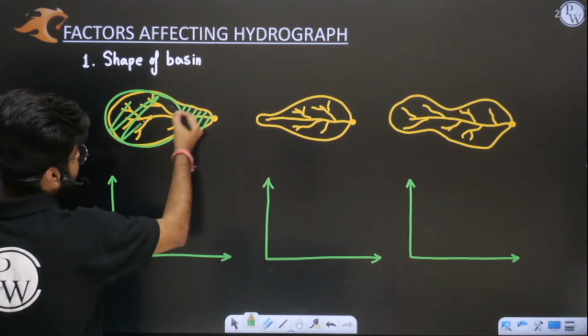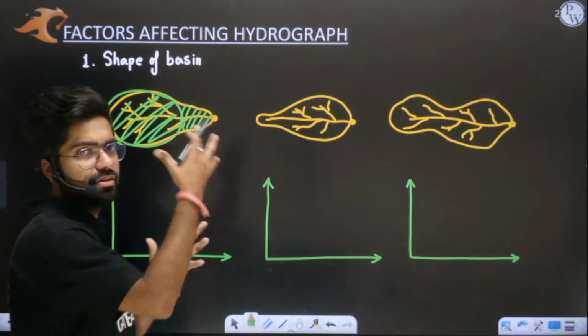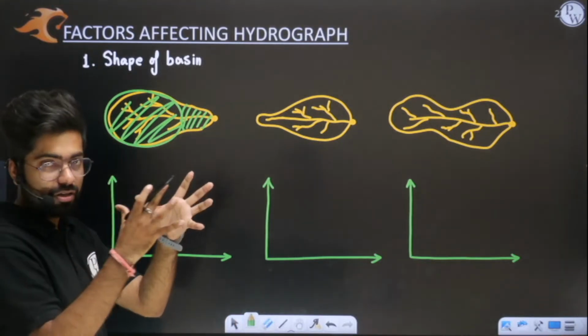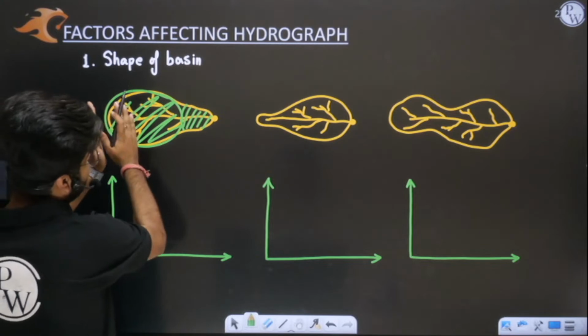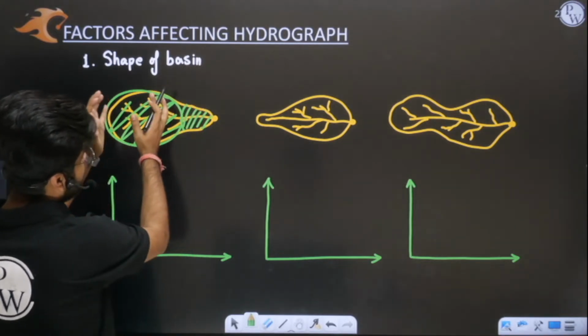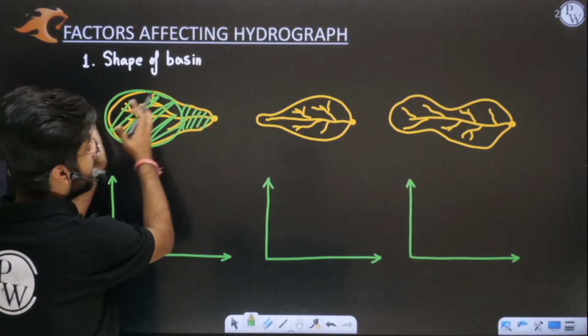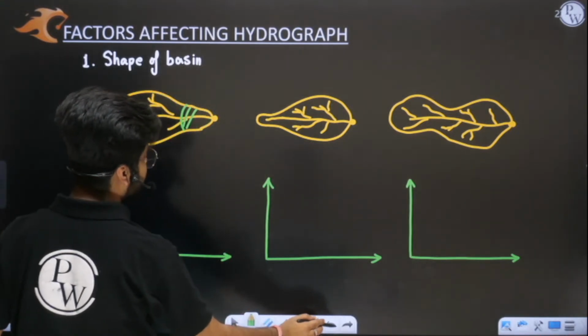Obviously, the area which is far away from the outlet has received a larger volume of water, and that huge volume will take too much time to reach the outlet.